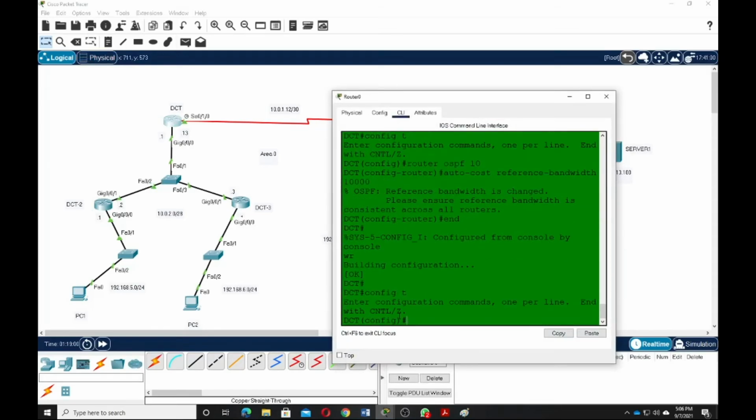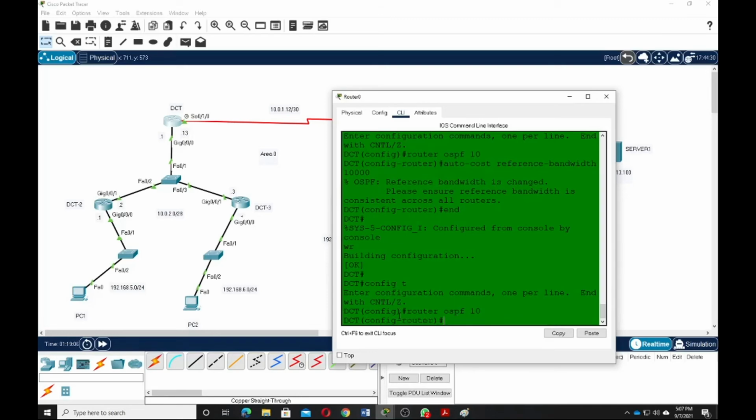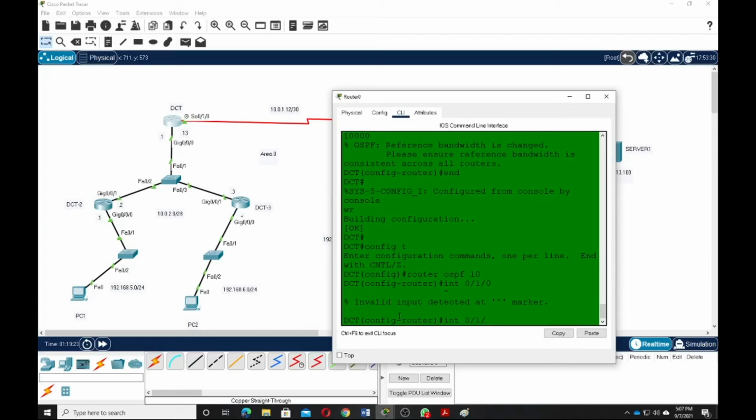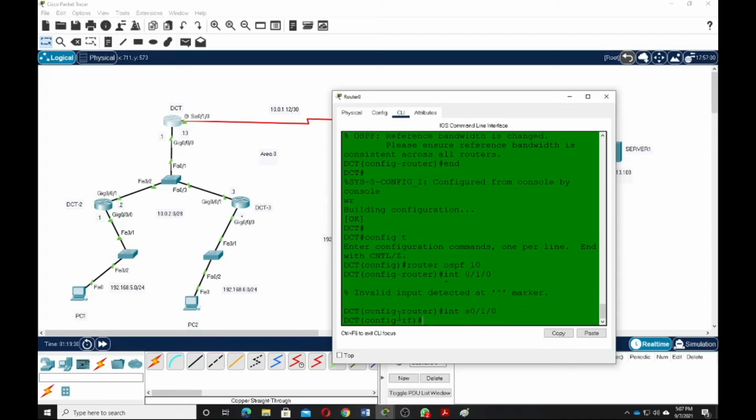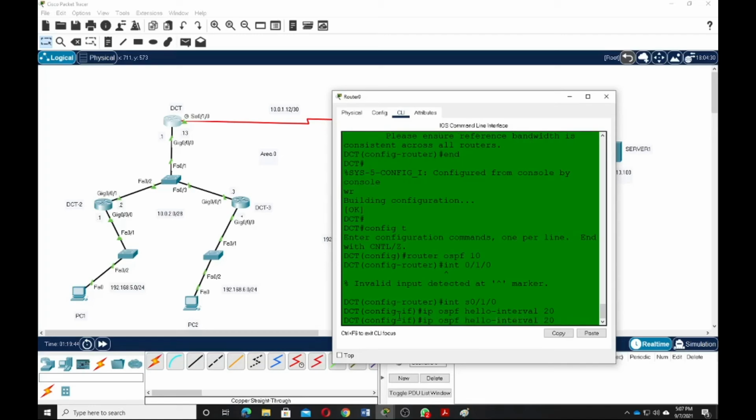Config t, router OSPF 10, interface serial 0/1/0, IP OSPF hello-interval is 20, and then the dead interval will be 4 times, and then this will become 80.